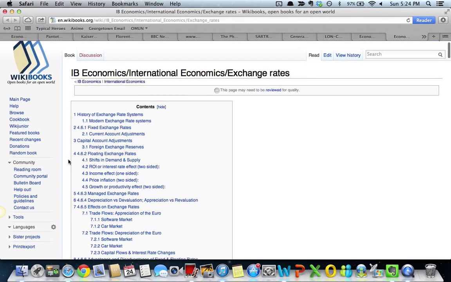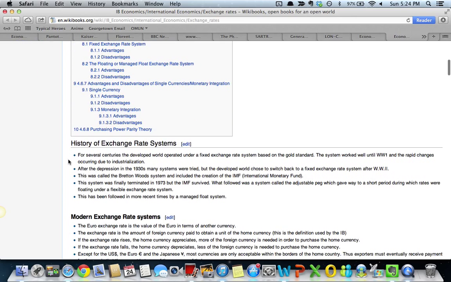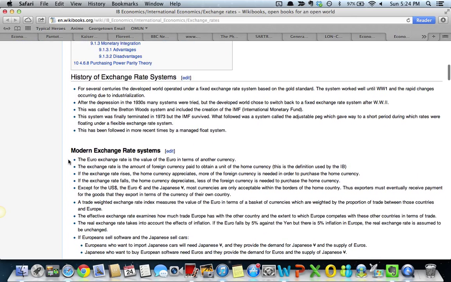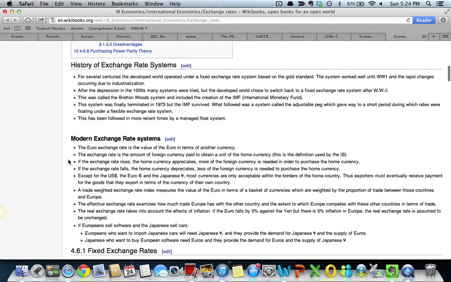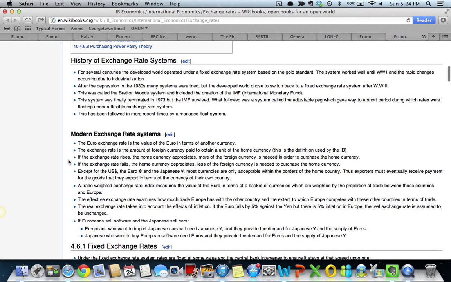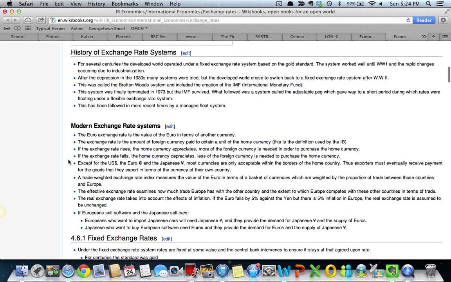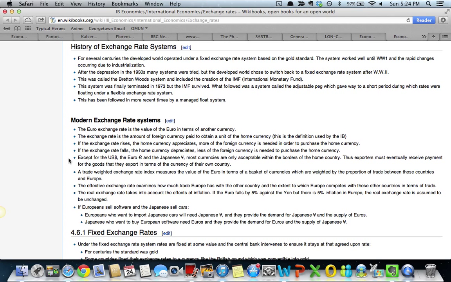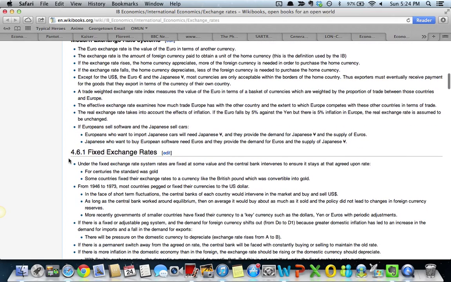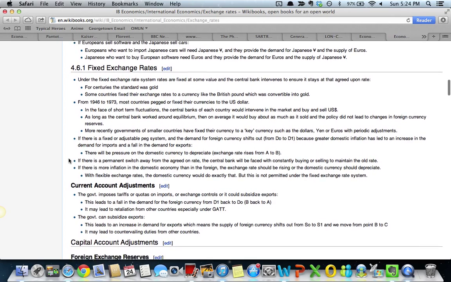Then we have, what is this? Wow. As you can see, there's a ton of stuff on this page, and I don't know if we need to know all of it, but exchange rates is big. Do they talk about the fiat? No, they don't. So, what I would advise you to do is read all of this stuff, pause in between.